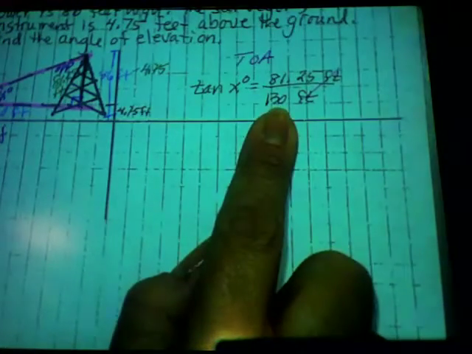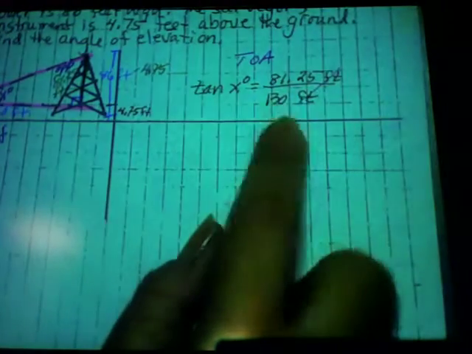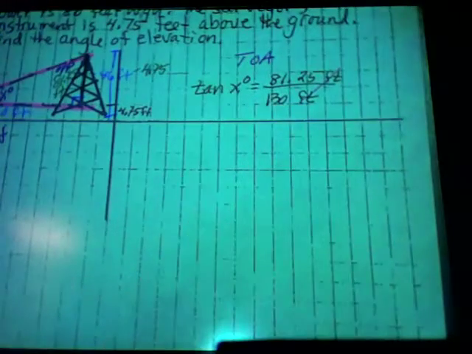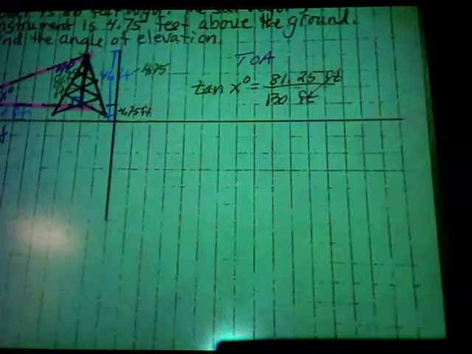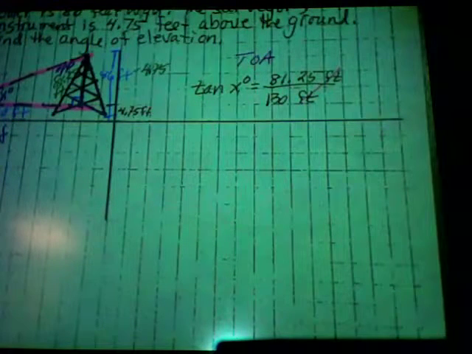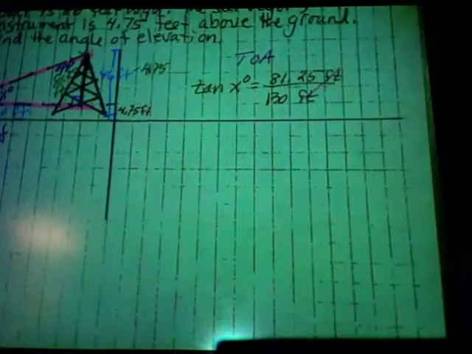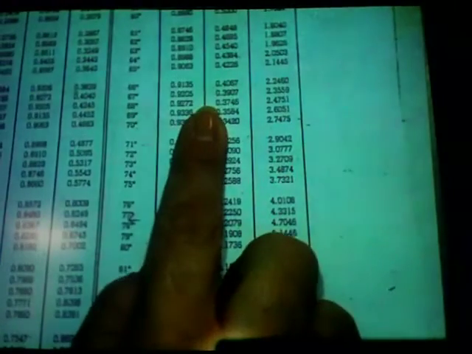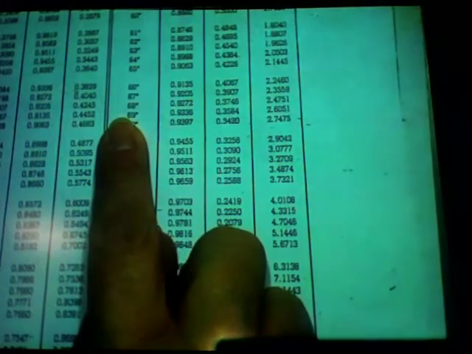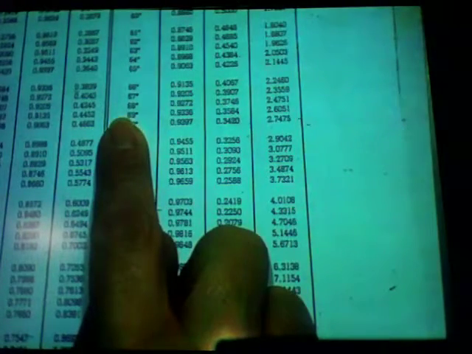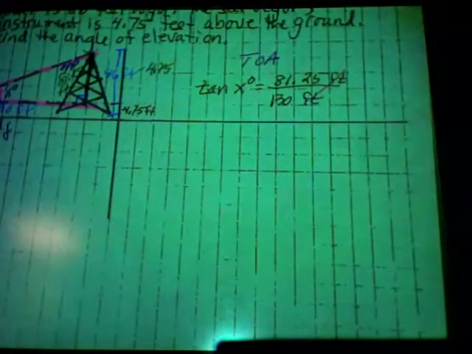Remember, this is the type of problem where we went backwards in our table. We figured out what that 4-digit decimal was, and we took our trig table, looked up that 4-digit decimal, and then figured out what the angle measure was. Well, with your calculator, you have to tell it that you want it to go backwards.